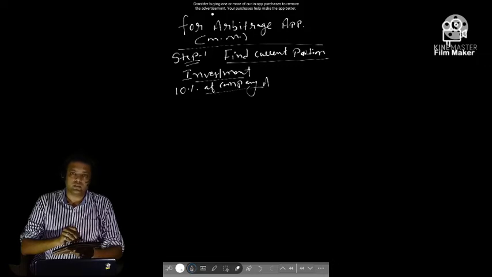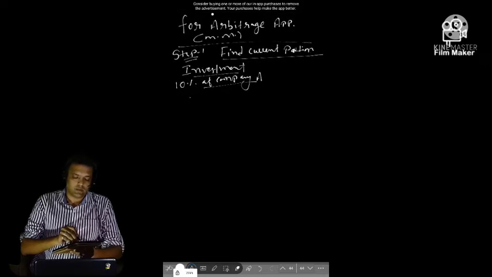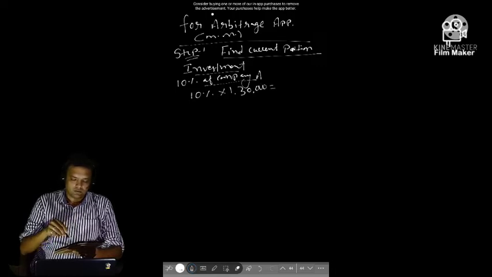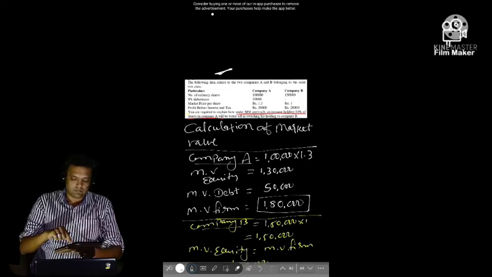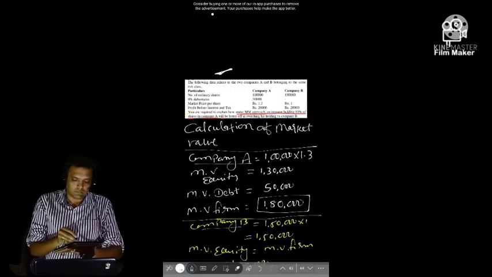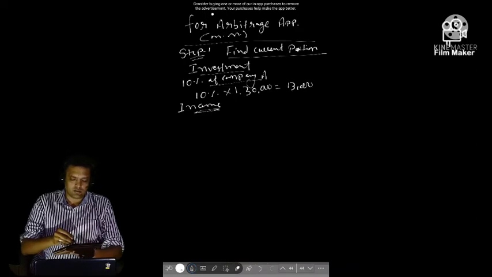As far as investment, it is total equity, which is 1,30,000 multiplied by 10% of it. So the current position as far as investment is 13,000. So right now my investment in company A is 13,000 rupees. That is my current position as far as investment in rupees is concerned. Percentage is given, so I find the investment in rupees, which is 13,000.